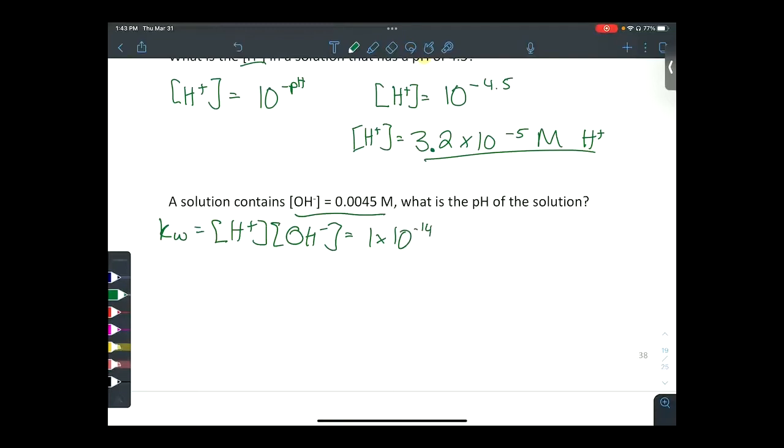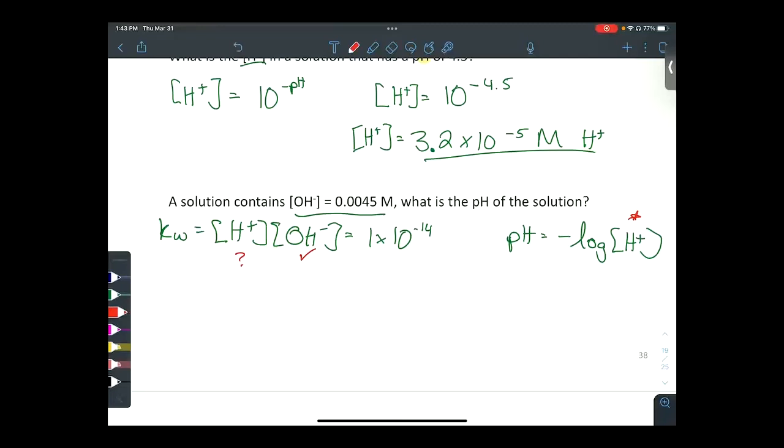And then we'll also use our pH equals negative log H plus. So we are given OH, so we're going to calculate H plus from that equation, and then we will plug that into our pH equation. So it's just one tiny little step before you plug it into the pH equation, all right?